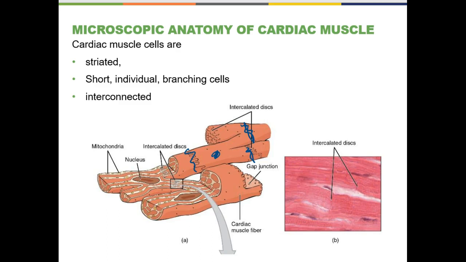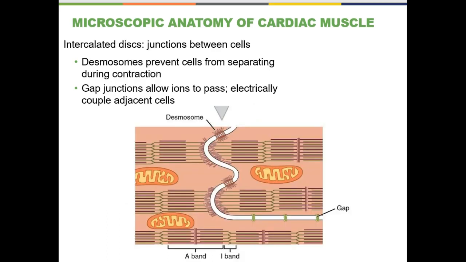However, they do branch and split, as is shown right here, and they're interconnected with one another, so they form somewhat of a network. Those interconnections between the two cells are called intercalated discs. There are two important protein junctions that make up the intercalated discs. You probably remember them from Anatomy and Physiology 1.